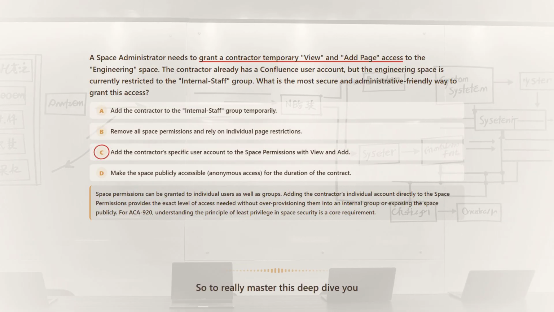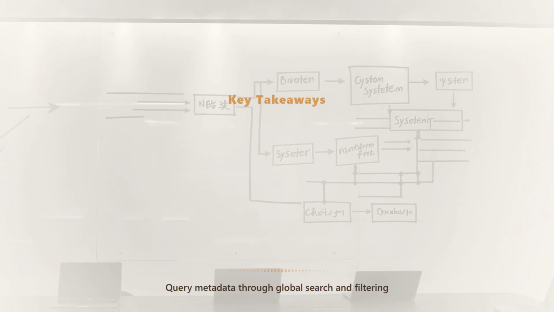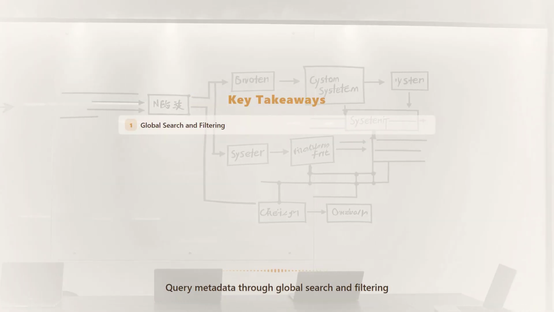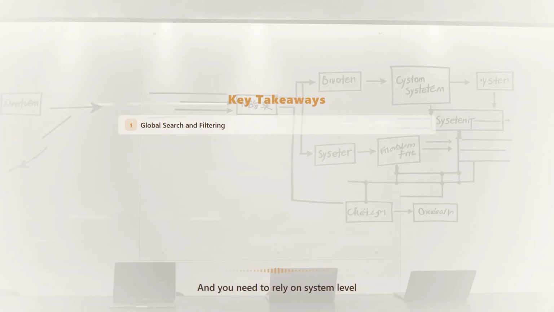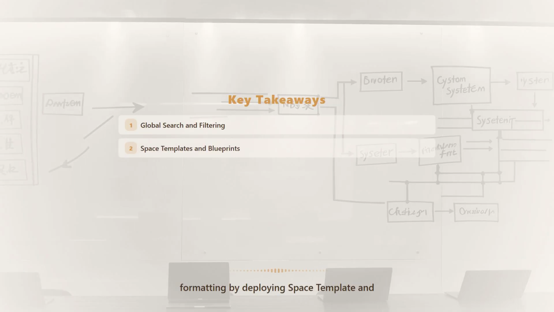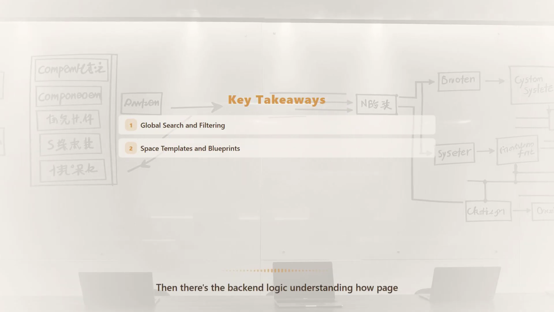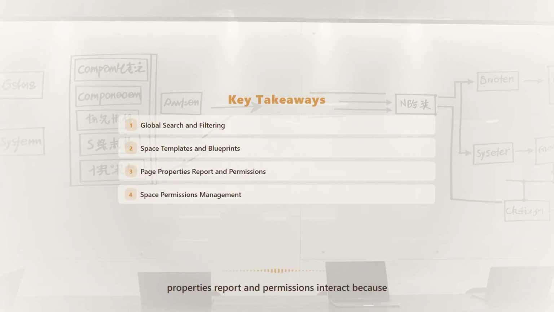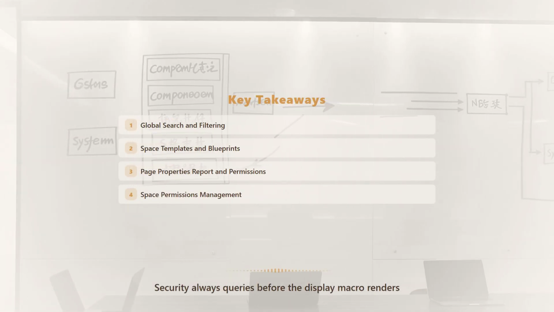So to really master this deep dive, you have to understand how to efficiently query metadata through global search and filtering, rather than pulling raw database exports. And you need to rely on system-level formatting by deploying space templates and blueprints so you aren't trusting human copy-pasting. Then there's the back-end logic, understanding how page properties report and permissions interact, because security always queries before the display macro renders.